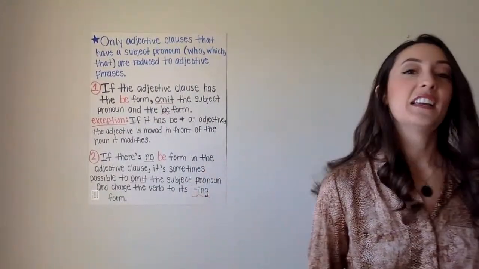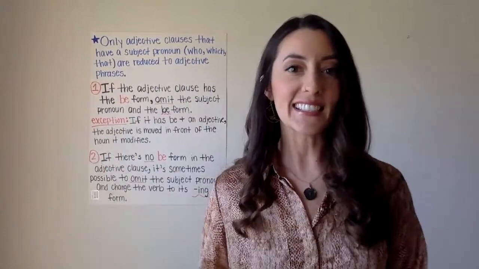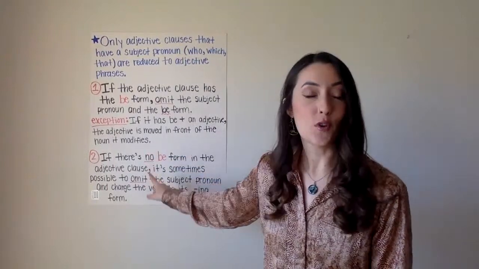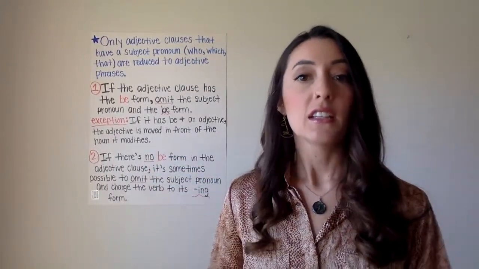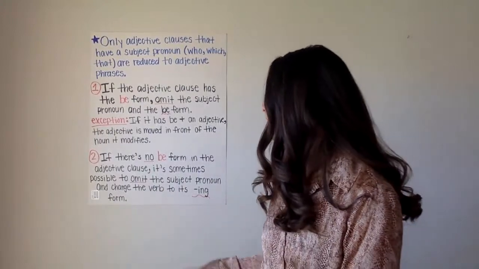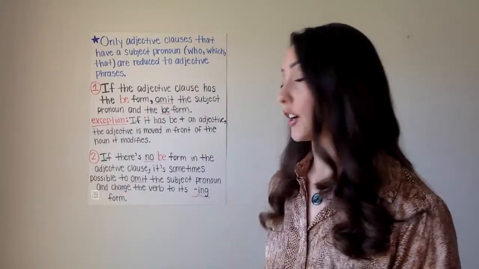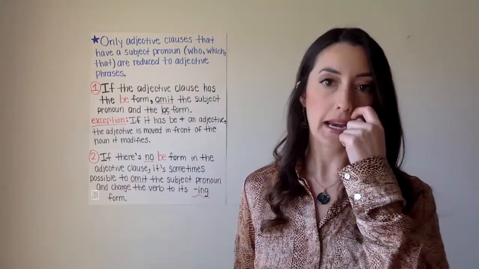All right. So that is rule number 1. Rule number 2 gets even easier than that. If there is no form of the verb be in the adjective clause, sometimes what we can do is omit the subject pronoun and change the verb to end in the ing form, what's called the gerund, okay?